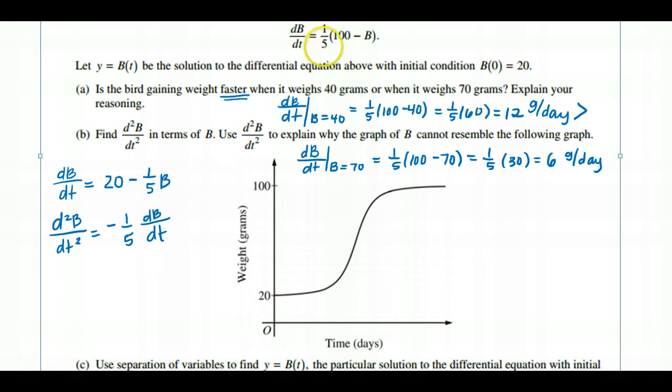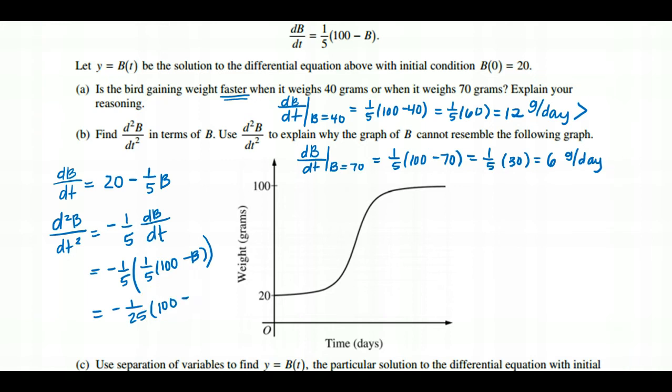But dB/dt is 1/5 times (100 minus B). So I have negative 1/5 times, I'm just going to substitute dB/dt in, 1/5 times (100 minus B). So let's simplify this. I get negative 1/25 times (100 minus B).